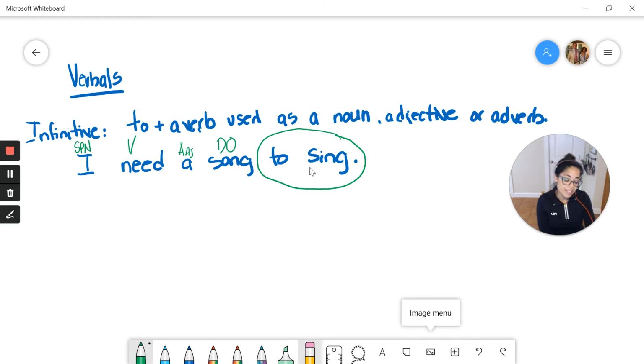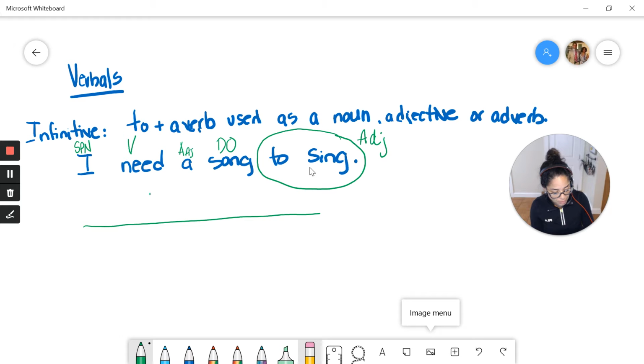And to sing is telling us which song. I need a song to sing. So to sing is modifying song. So that's going to be used as an adjective. So when we go ahead and diagram the sentence, we'll do our cross, it's an SVTDO sentence.